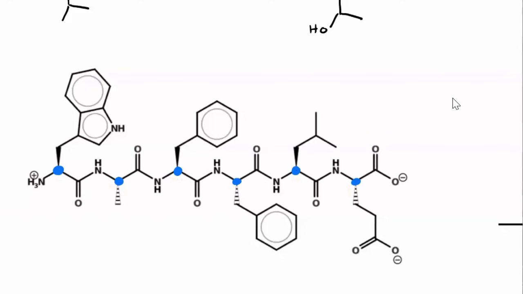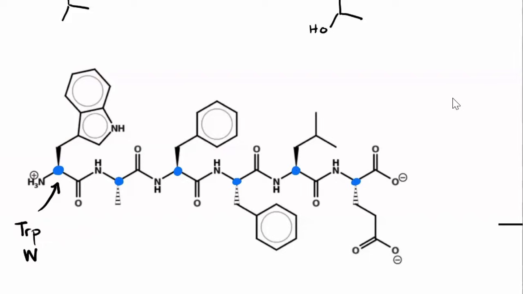So starting with this side chain, that actually corresponds, as you look through your table, to tryptophan. Let me do the 3-letter code. That will be easier. So the 3-letter code is TRP. The 1-letter code is W.